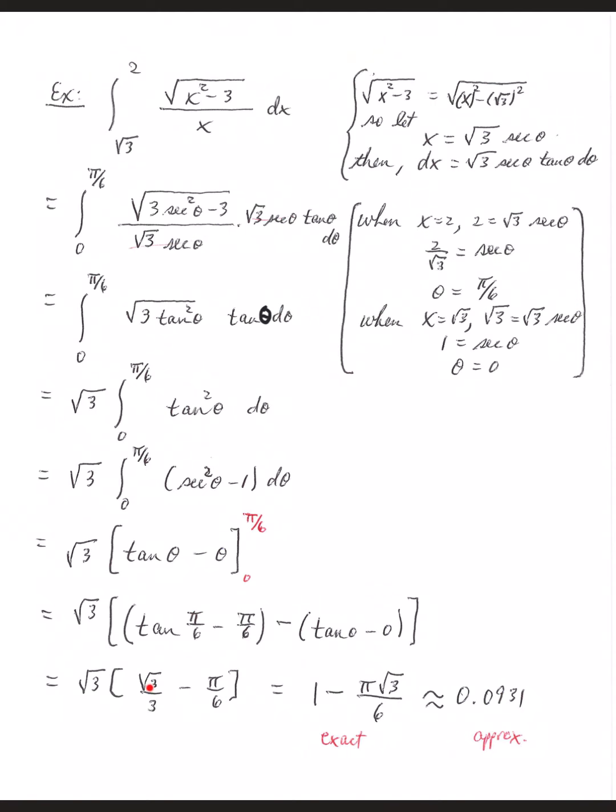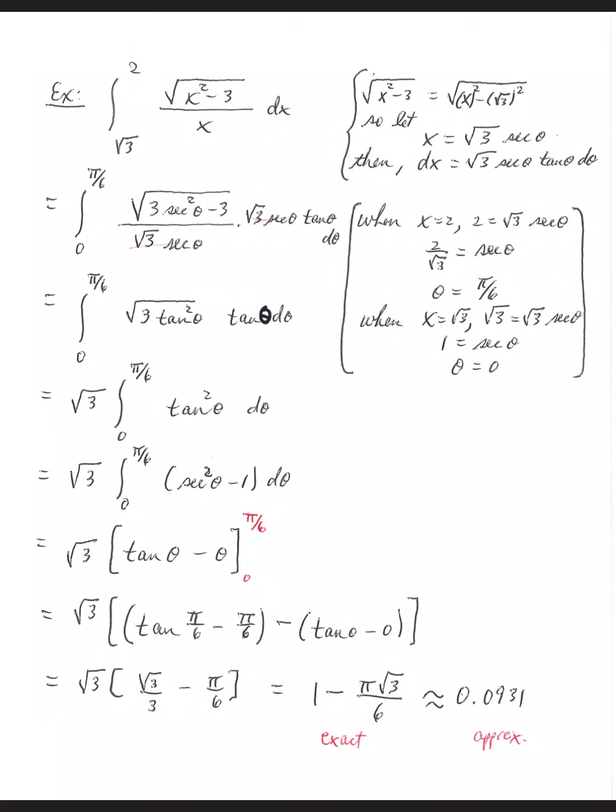Tangent of pi over 6 is square root of 3 over 3, and you can find that value on your unit circle, minus pi over 6. Distribute the square root of 3, that becomes 3 over 3, which is 1, minus pi times the square root of 3 over 6. This is your exact answer.